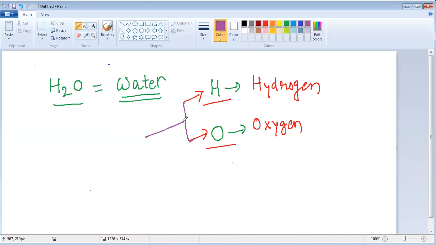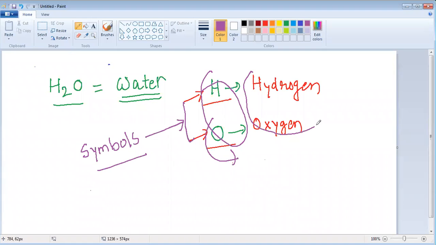They are the symbols. They are the symbols. ये किसके सिंबल है? हाइड्रोजन एंड ऑक्सीजन। या हाइड्रोजन एंड ऑक्सीजन क्या है? What are these hydrogen and oxygen?